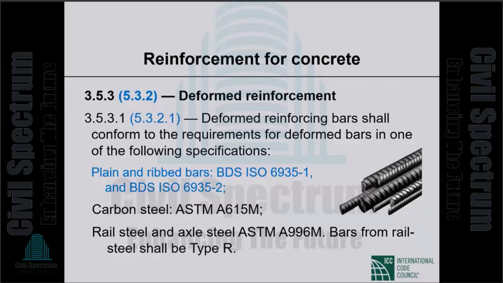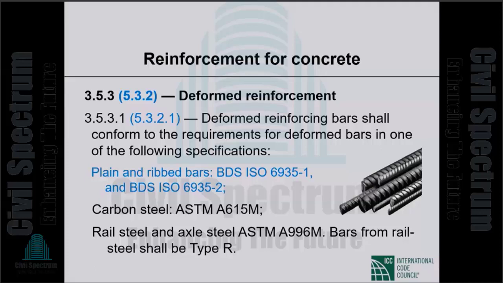Increasingly, apparently, manufacturers are testing 6935-2 reinforcement for compliance with A706, and there is apparently some material on the market that does comply with ASTM A706. If something complies with A706, it will automatically comply with A615. You don't have to do a separate set of tests.